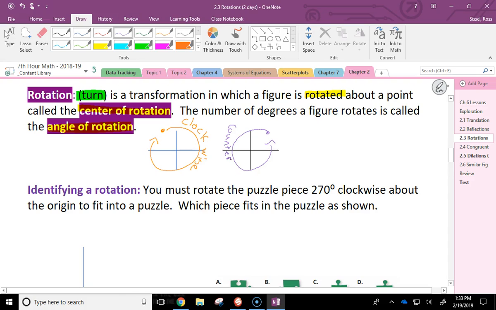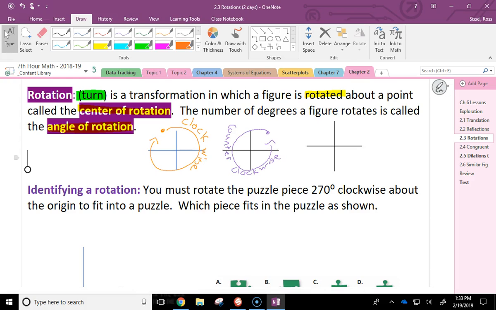So this would be counterclockwise. And then the last part that you're going to need for today, if you want to have it in your notes, I just found a little spot that would help you out.